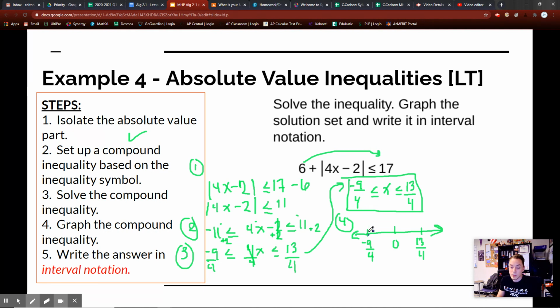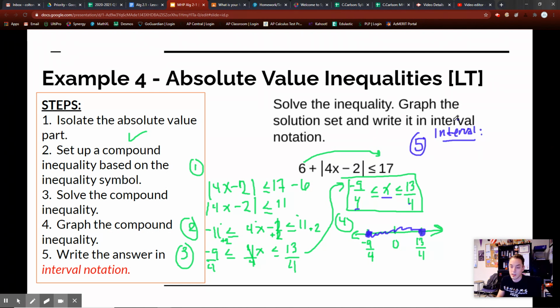Since it's equal to, it's definitely going to be closed, and it's also closed on this side. This says that all my values of x are in between negative 9 over 4 and 13 over 4, which means that's what my graph should look like. So what does my interval notation look like?